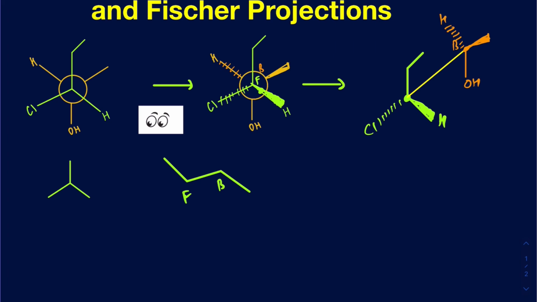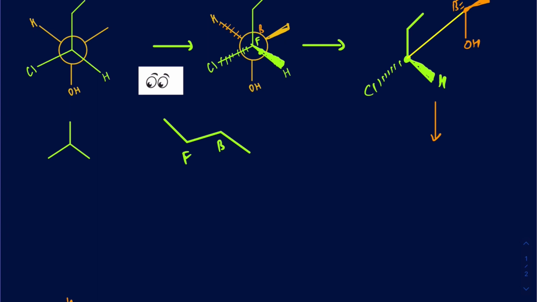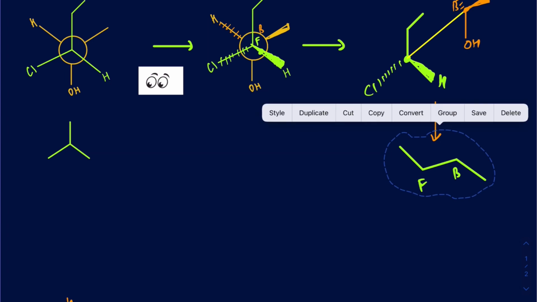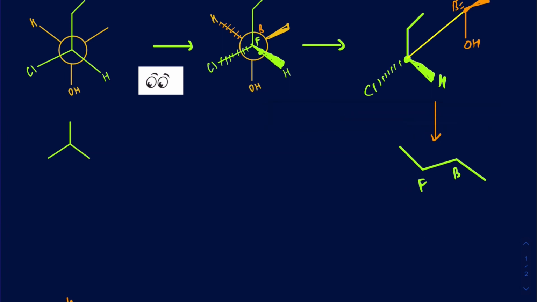Okay, so now if I want to go ahead and draw that in a more presentable way, I would use this skeleton that I have drawn earlier. On this skeleton, remember, this right there is the connection between the front and back. And then on the front carbon, I have this alcohol group that's going to be pointed up. So I'm going to go ahead and draw another one right there.